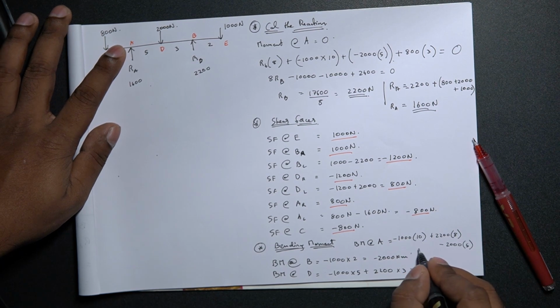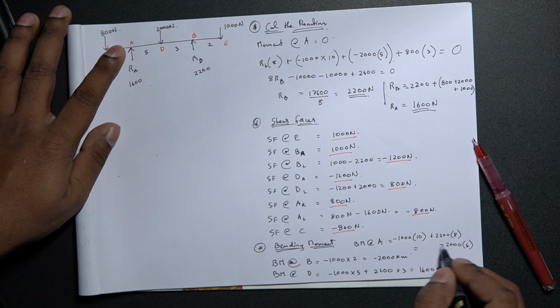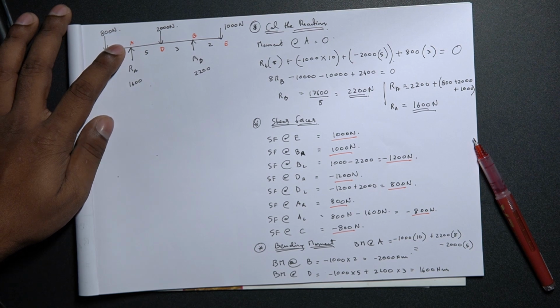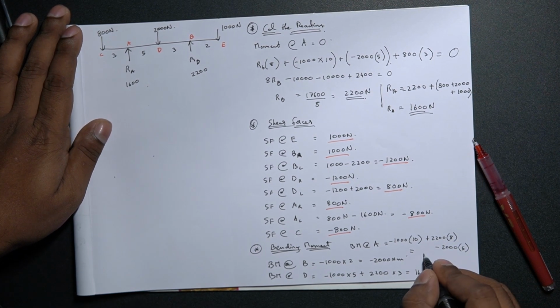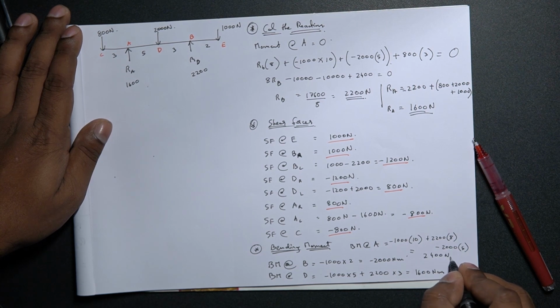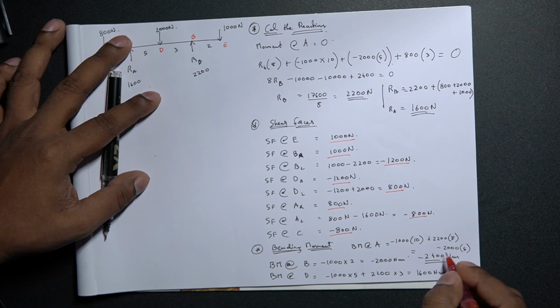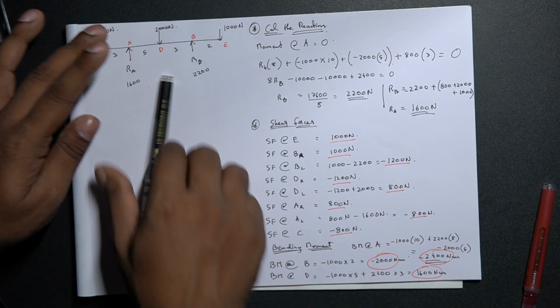This would give us minus 10,000, and this is another 10,000, so that would come to minus 2400 Newton meter. So we have our bending moments: 2400, 2000 and 1600 Newton meters.